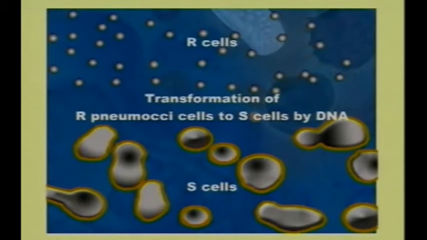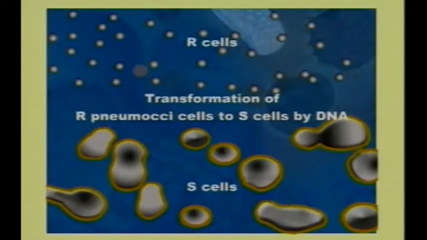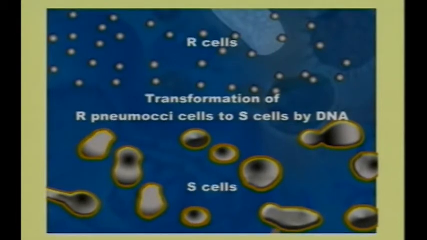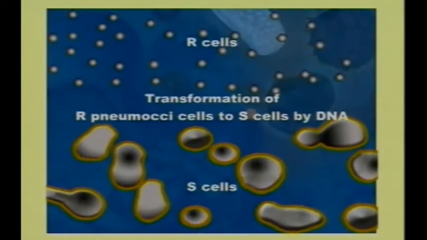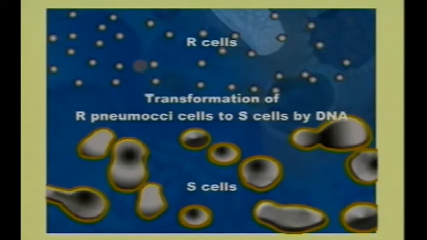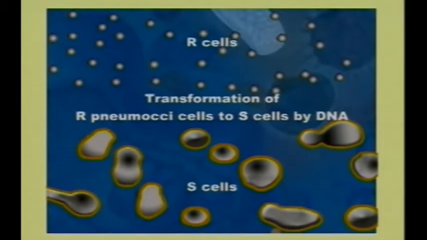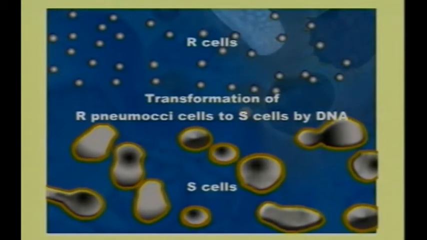Additionally, his experiments with heat-killed bacteria also hinted to scientists that the genetic material may not be proteins as they get denatured on heating, yet the S cell genetic material remained able to function in transformation.